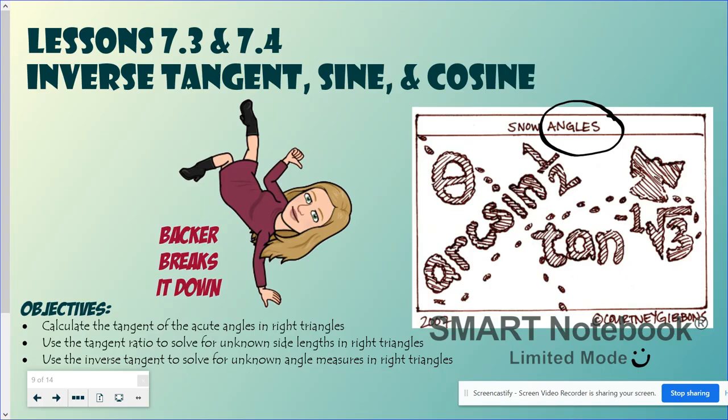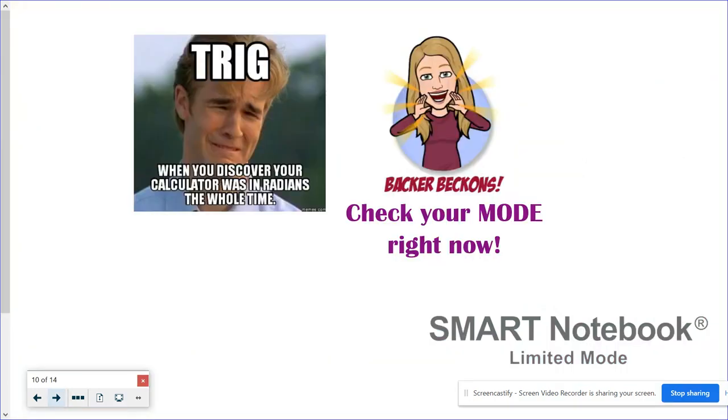So I can use an inverse trig function to find an angle measure. Like we've used the trig functions to find missing sides, we can totally use these trig functions to also find angles. We just have to use their inverse, okay?